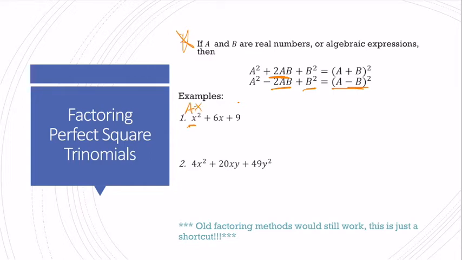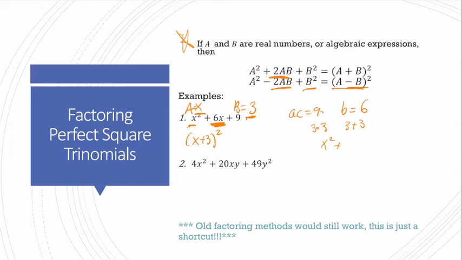So our a would be x, and our b would be 3. So it's going to factor to x plus 3 squared, but only because I know this is 2 times a, which is x, times 3, which is b. So I would just go ahead and find the factors of AC that add up to b. The factors of 9 that add up to 6 are going to be 3 and 3.